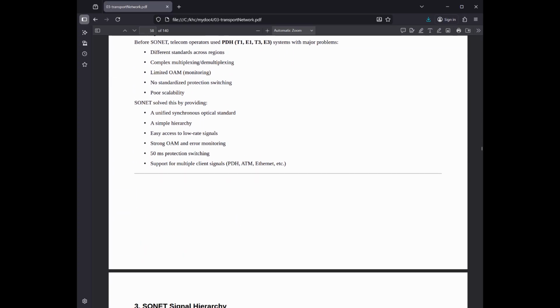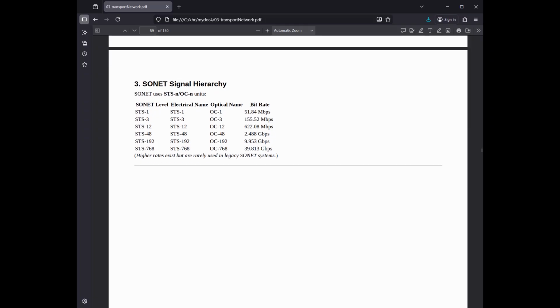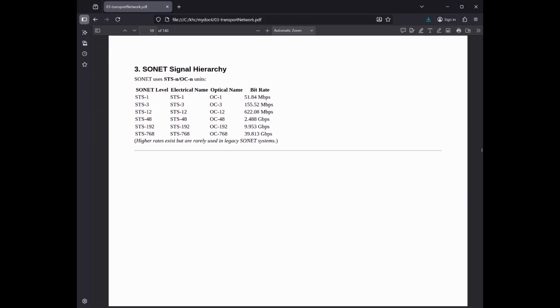SONET hierarchy and speeds. The base unit of SONET is the STS1, Synchronous Transport Signal Level 1, for electrical signals, which becomes OC1, Optical Carrier Level 1, when converted to light. SONET level, SDH equivalent, bitrate, capacity: STS1/OC1, 51.84 Mbps, 28 T1s or 1 DS3.